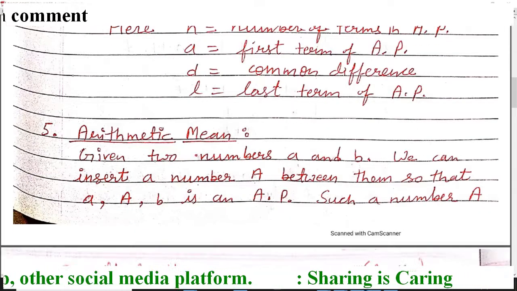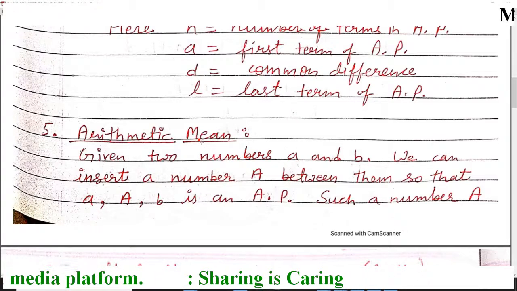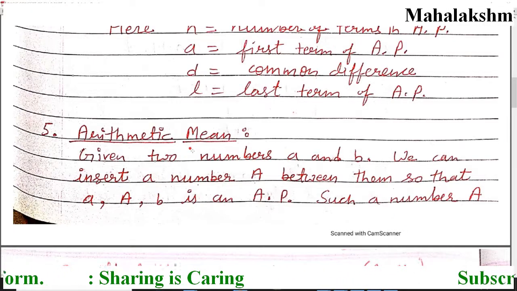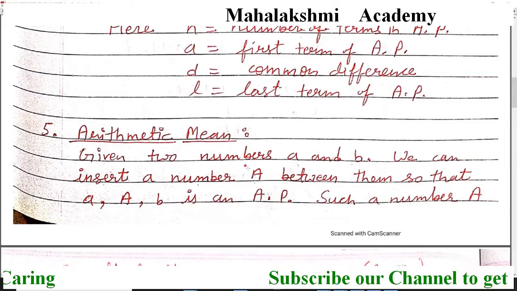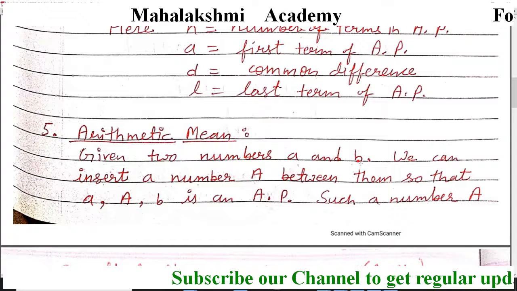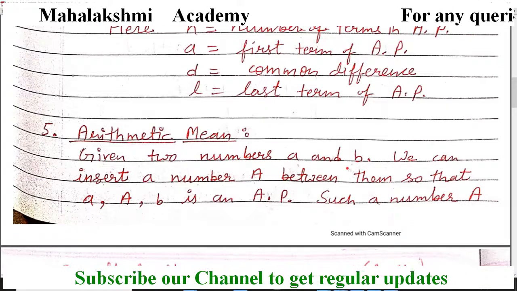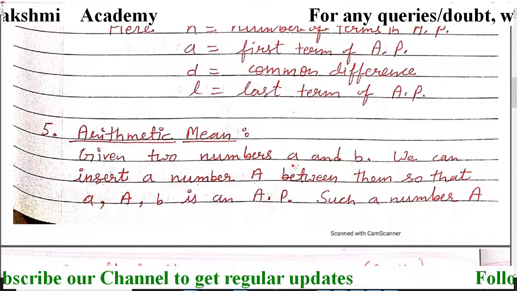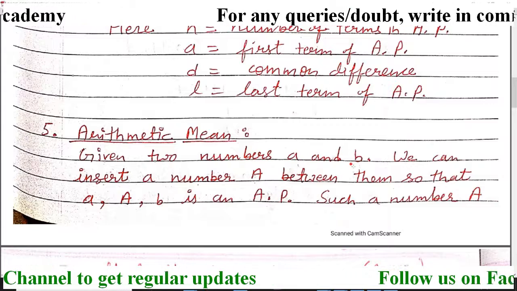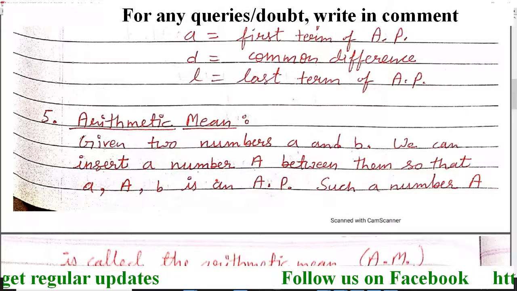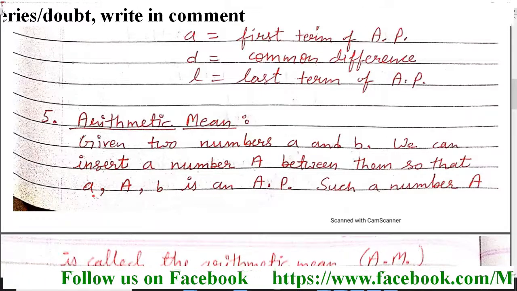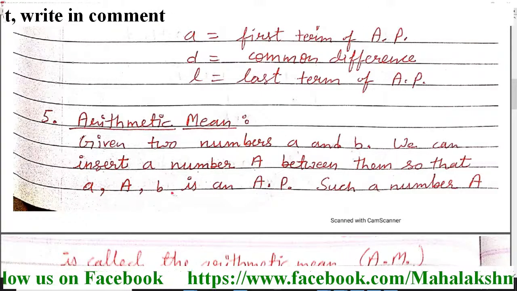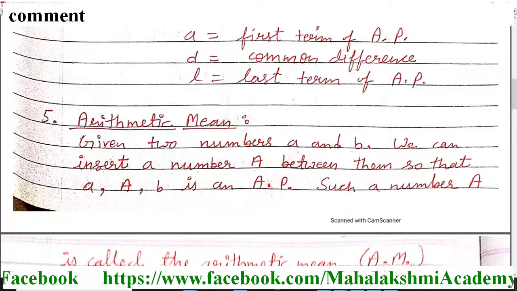Now arithmetic mean. From here onwards a new topic is introduced. What is the meaning of arithmetic mean? Given two numbers a and b, from an AP, if we take any two continuous numbers, say a and b, we can insert a number A between them so that a, A and b is an AP.